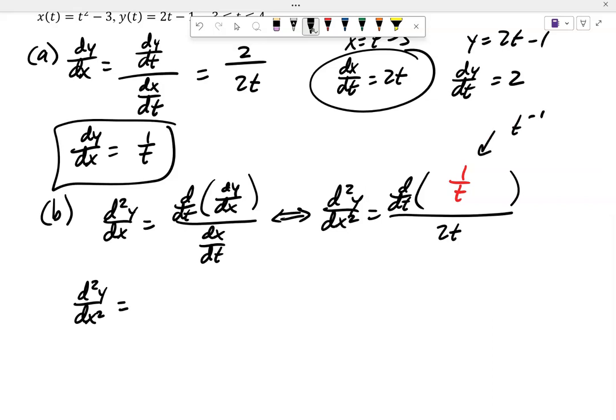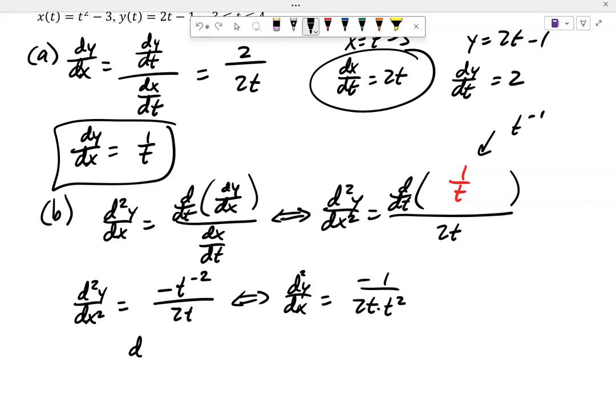So negative 1 times t to the negative 2. This is all over 2t. And so the second derivative is negative 1 over 2t, and I've got a t squared down with it.